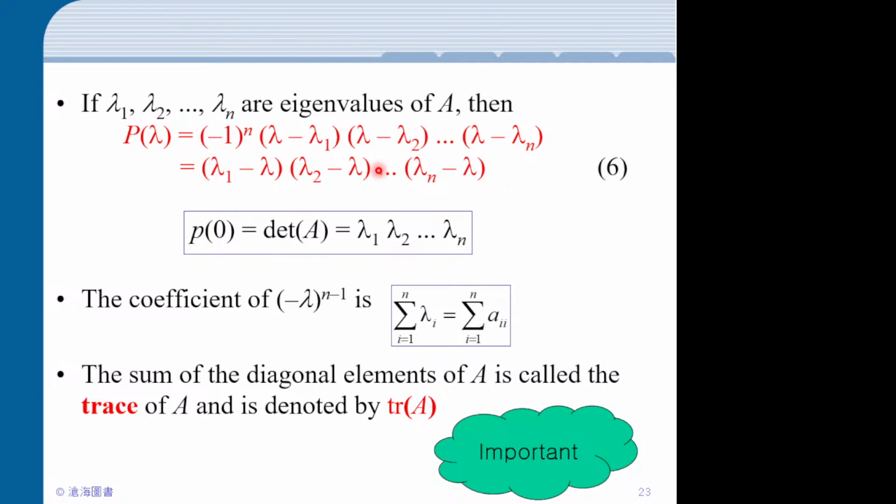It's just lambda 1, lambda 2 to lambda n. So you see the product of lambda equals the determinant of A. So here we get two things we know.